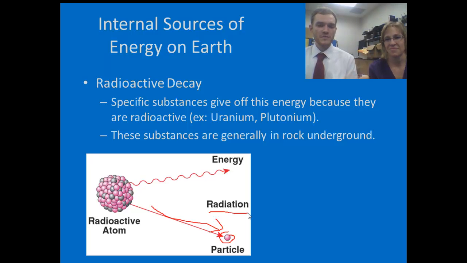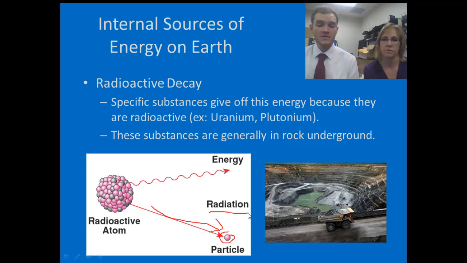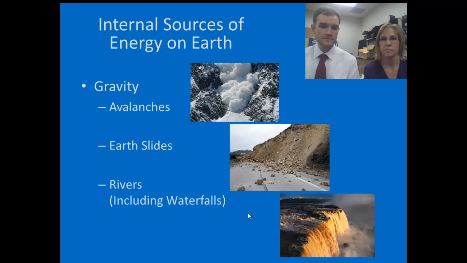You'll find these radioactive atoms of uranium spread out through rocks. So they would look something like this. Here's a picture of a dump truck that's hauling away crushed rock, and the rock has these radioactive atoms spread out through it.